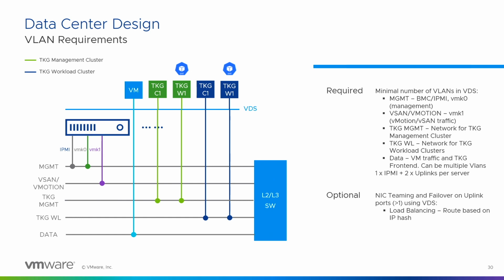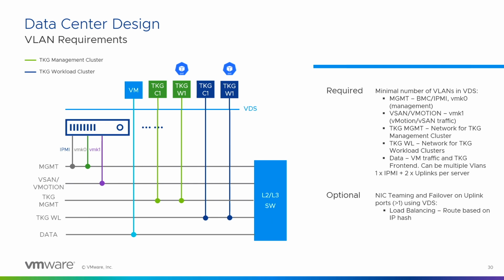So one for management, another one for vSAN, vMotion. If you need them to be separated, based on your requirements, you would do that as well. So that will be an additional 2 networks. And then there is a TKG management VLAN for your TKG management cluster or control plane, and then the workload VLAN as well for your workload cluster.